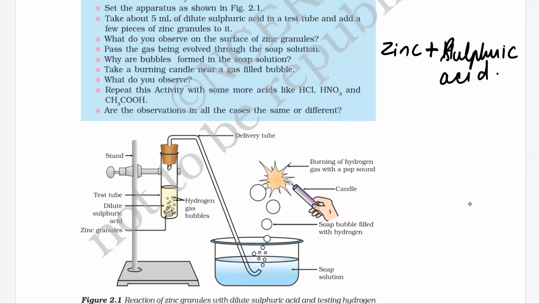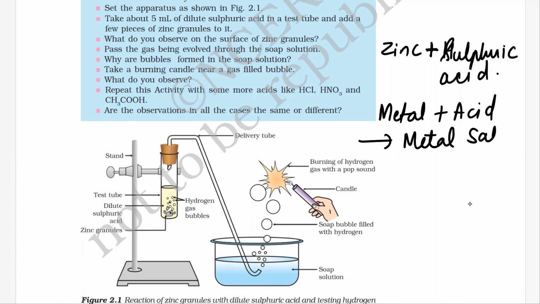And what do you observe on the surface of zinc granules? Actually when acid is poured on it, some bubbles will be seen. Pass the gas being evolved through a soap solution. So basically dilute sulfuric acid and zinc granules are made to react, and metal plus acid will give metal salt plus hydrogen.